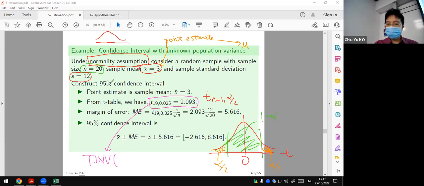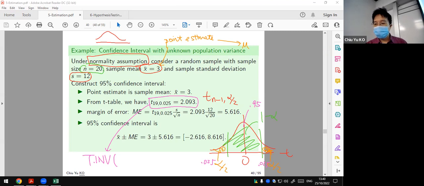this is 95%, right? This in the middle is 95%, and both sides will be 0.025, because the middle is 95%, both two sides is 5%. Half of one of this must be 0.025.